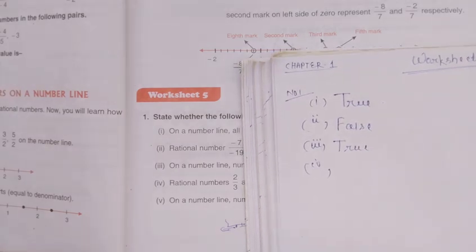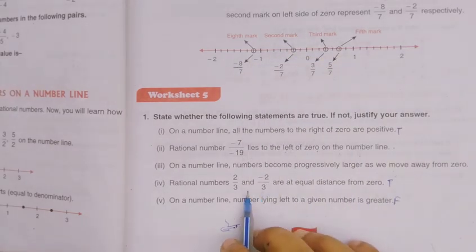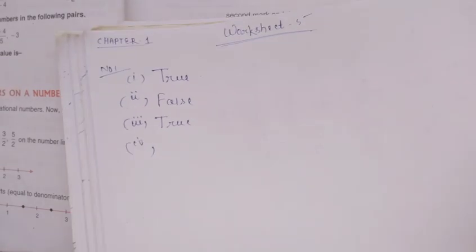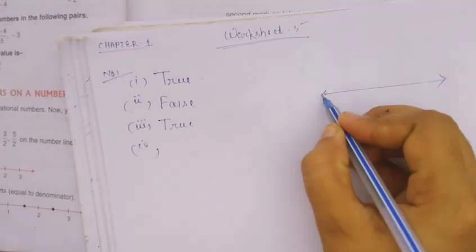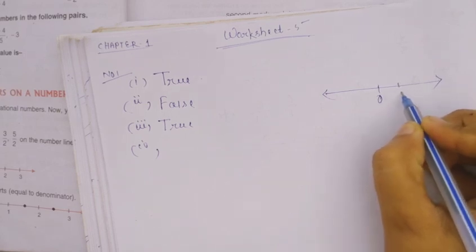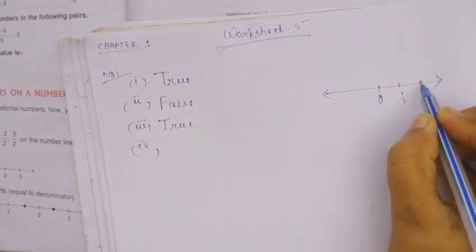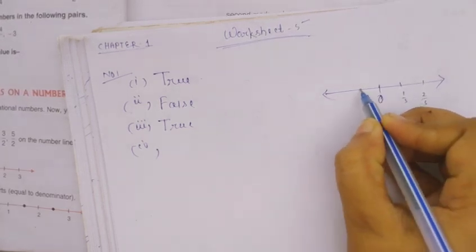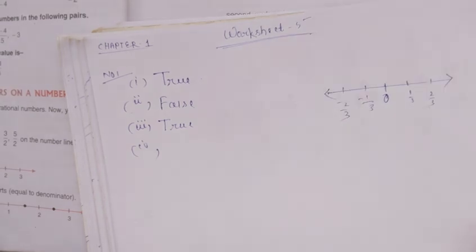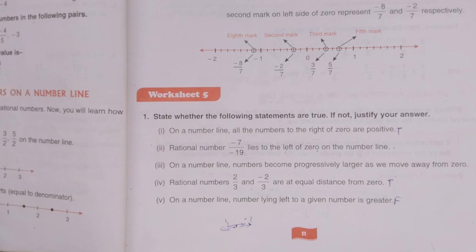Then another point 4. The rational numbers 2 by 3 and minus 2 by 3 are at equal distance from 0. Here 1 by 3, 2 by 3, and this side minus 1 by 3, minus 2 by 3, at equal distance from 0.